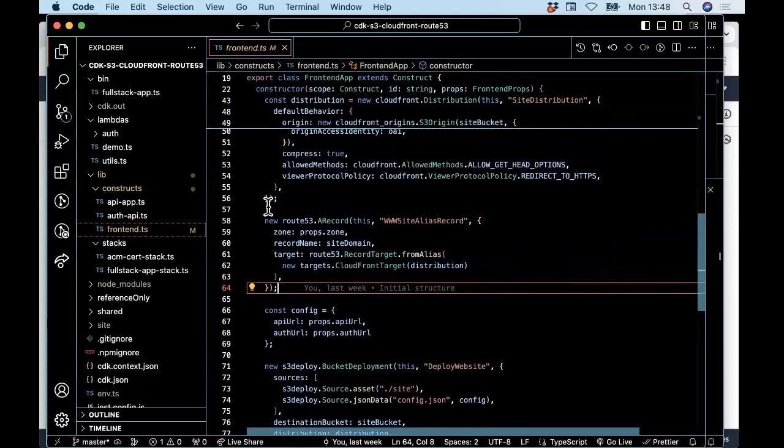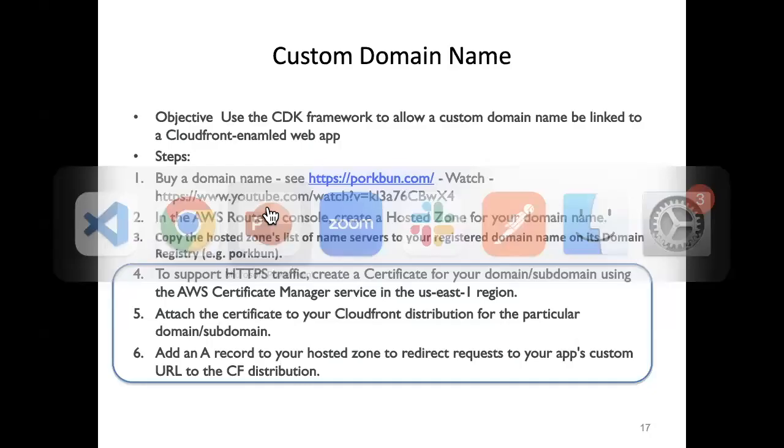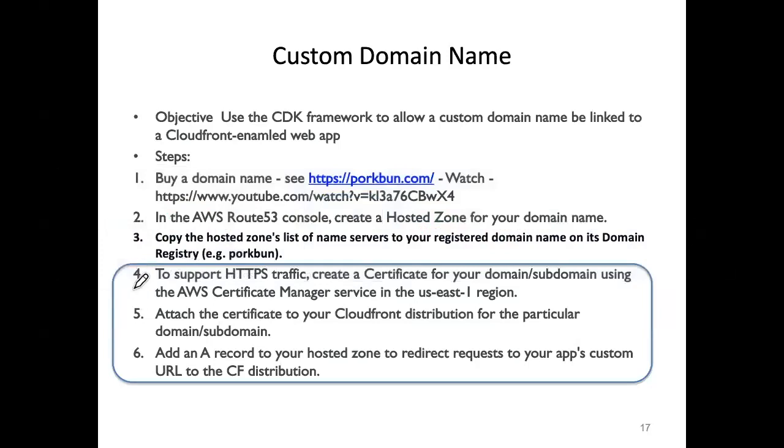And if I just go back and reference the slides, it's kind of what I'm saying here in this box here. So I've shown you creating the certificate, attaching the certificate to your CloudFront distribution, which I've just been talking about.